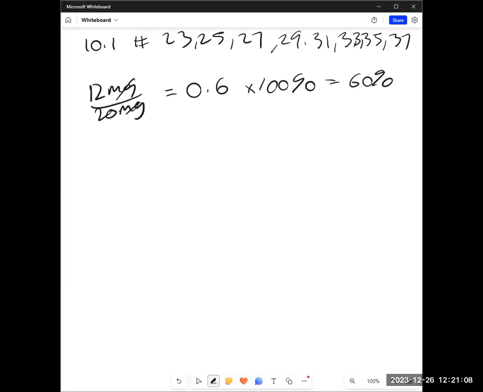So we start off with 11 grams times 100% minus 38.25%. It's going to be 61.75.